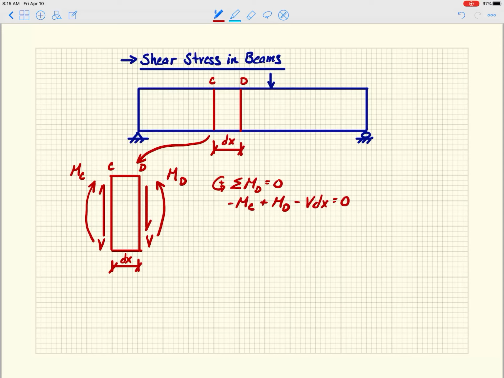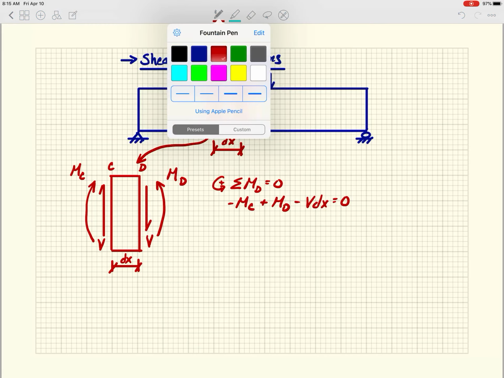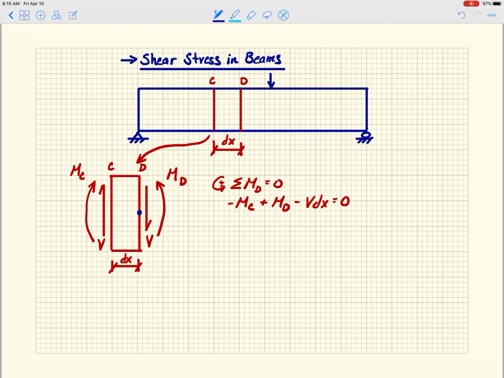V is going upwards on the left-hand face, the C face, and its moment arm is dx. So when I do that, you get that V equals MD minus MC divided by dx.